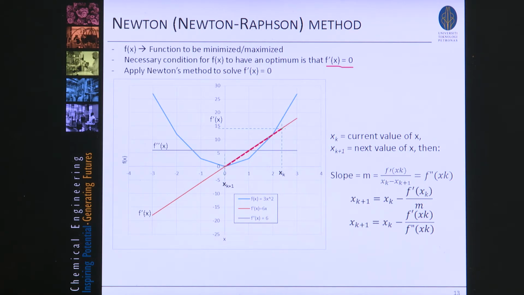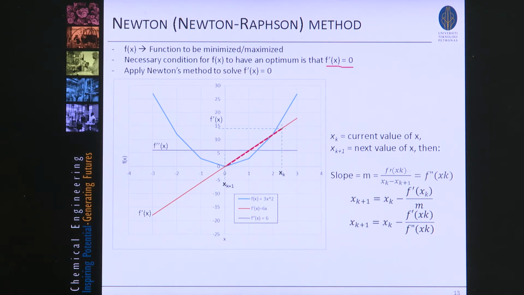And then we can see if we start from this xk, the value of x, the first derivative of f is here, and then we want to find this xk plus 1, which should be equal to 0.